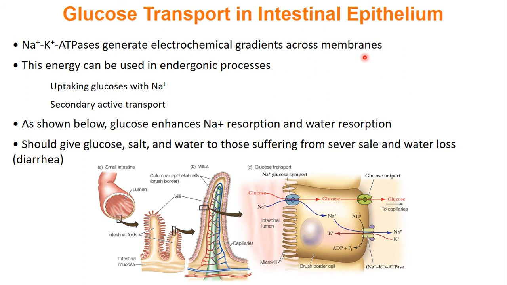Next type of transport is the glucose transport in intestinal tissues. So you have a sodium potassium ATPase. Here we're using that energy to transport glucose. So let's see how this works. So here's our image. We're bringing glucose and sodium in. Now glucose is then pumped out. But you can see for this glucose, we never use energy.